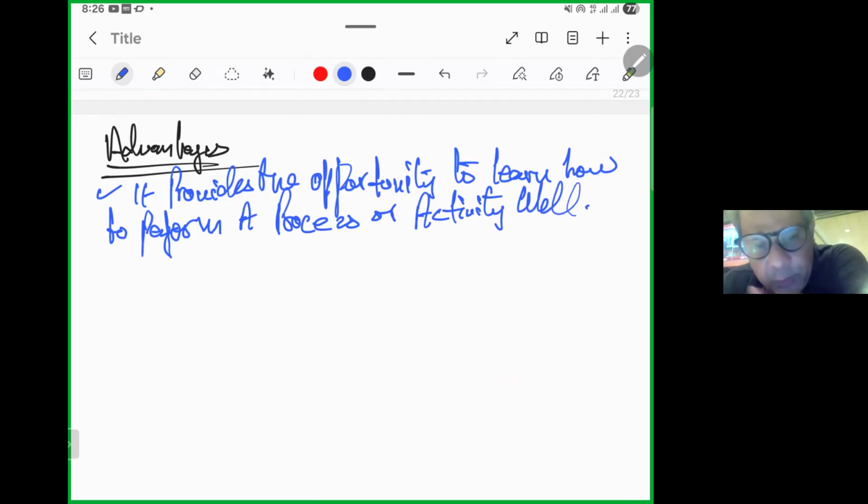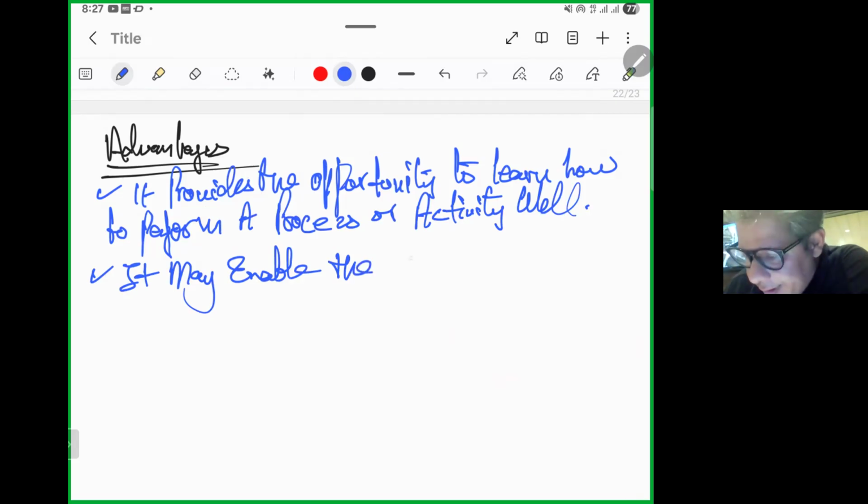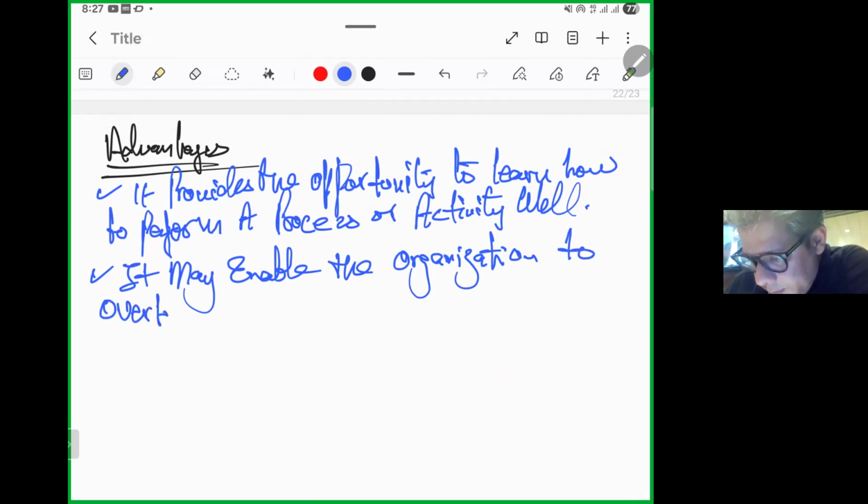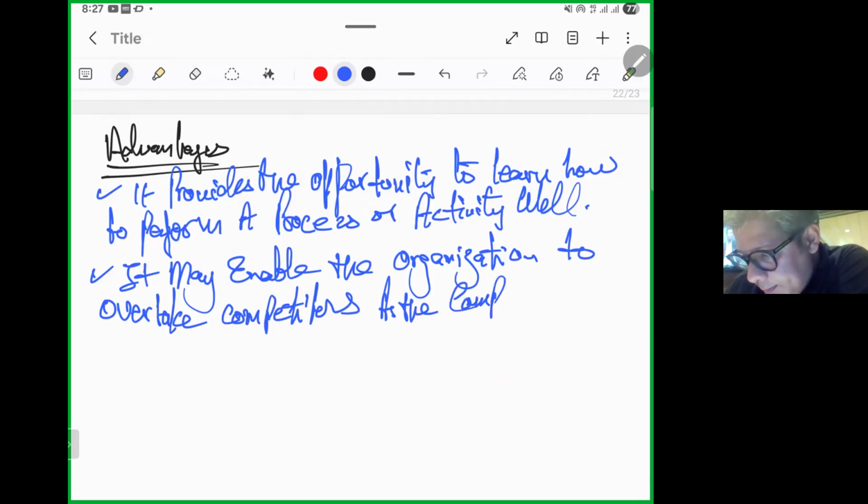It may enable the organization to overtake competitors as the competitor is not in the same industry.